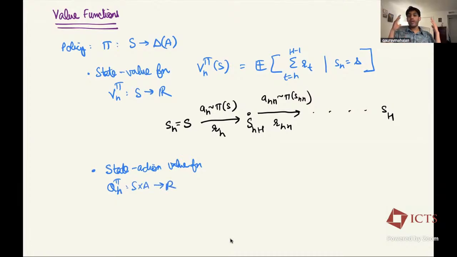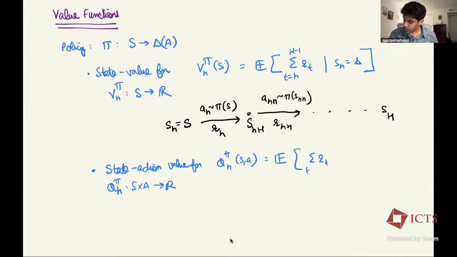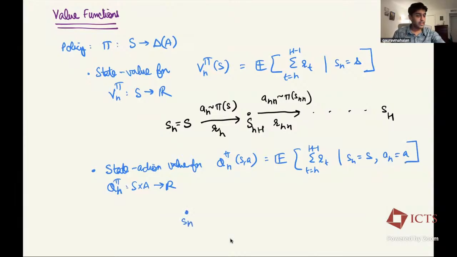It's also a function from a state times action to some real number, and this is just the expected value of the same sum of rewards, but we start from S and the first action is A. So we start from some state SH equal to S, we take action AH equal to A, and we get some reward because of that.